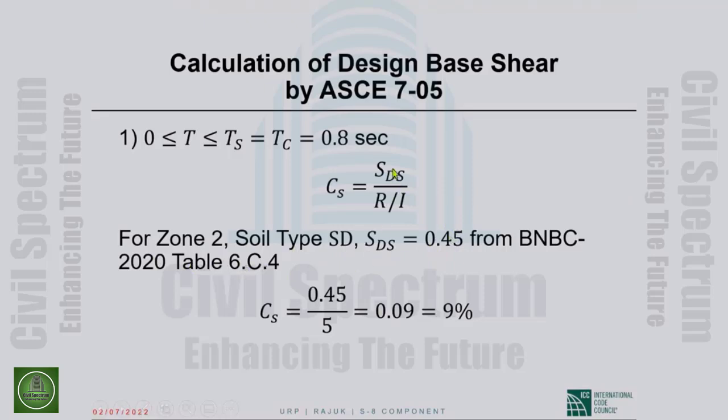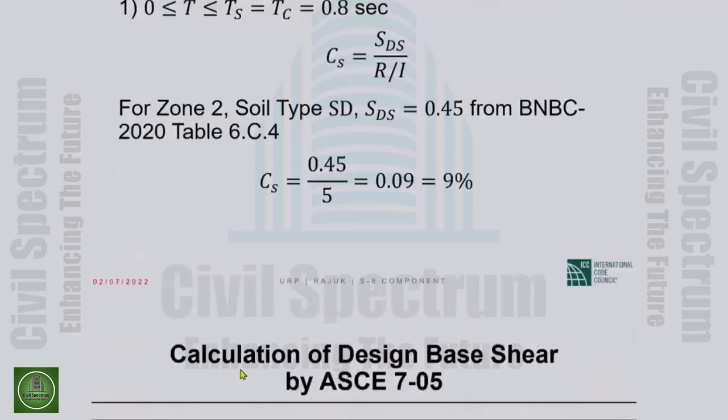So S sub DS is given in that table. So C sub S is the S sub DS of 0.45 divided by R of 5 and I of 1, and that gives us 9%, just as BNBC did. This is the flat top. The base shear is 9% of seismic weight. Okay, this was called S sub A in BNBC.